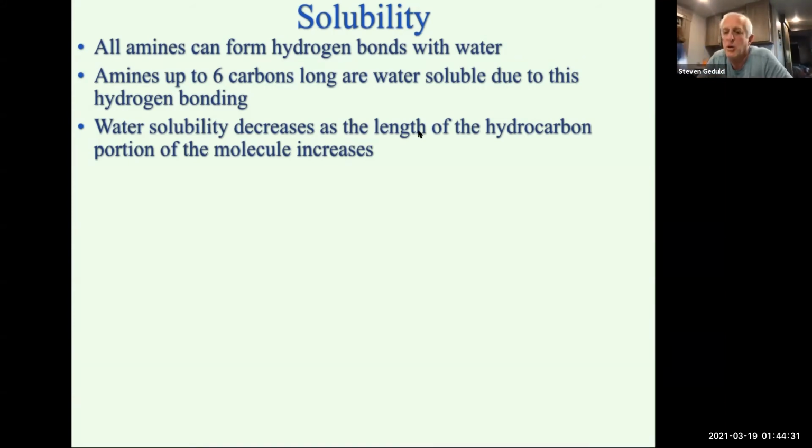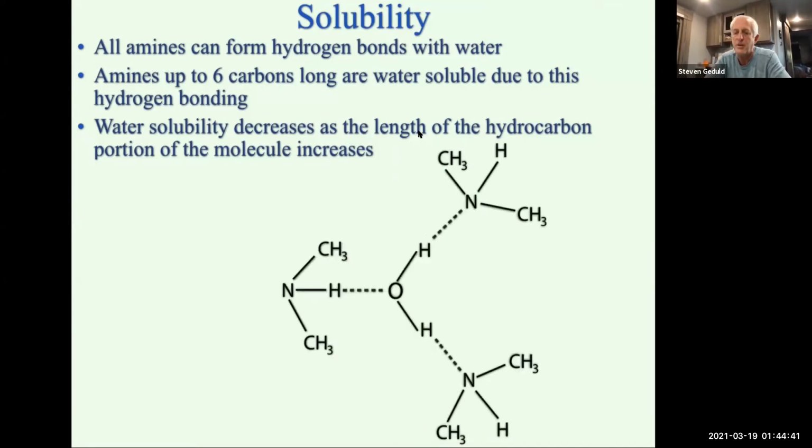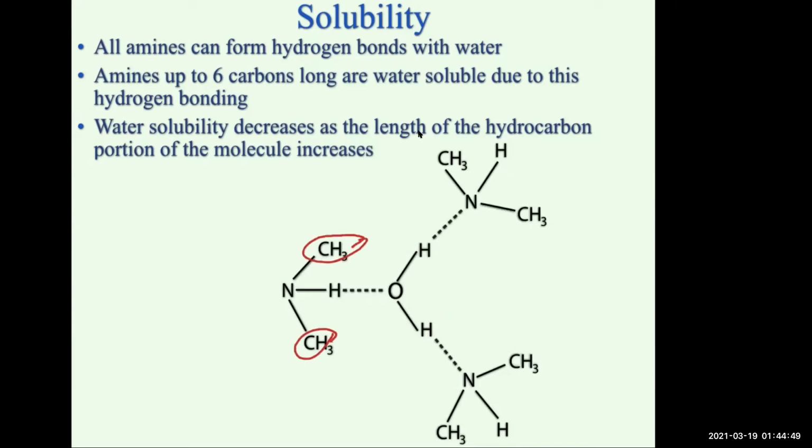As this molecule gets longer, it gets less and less soluble, because there's more hydrocarbon part than there is hydrogen bonding part. As you increase the length of these chains, it's going to be less soluble because it takes more of the effect away from the hydrogen bonding.